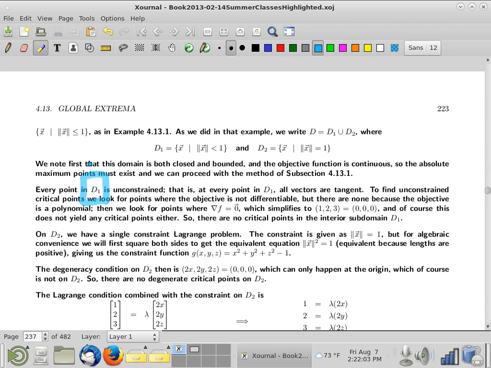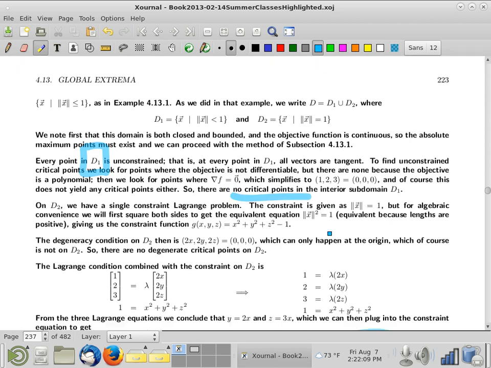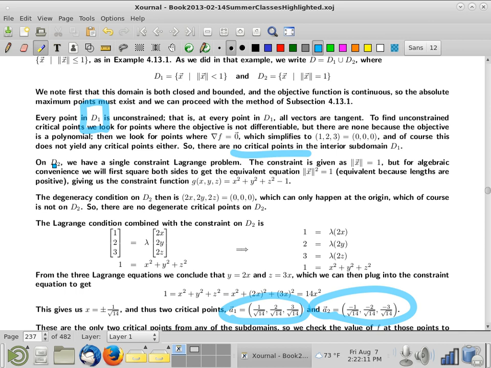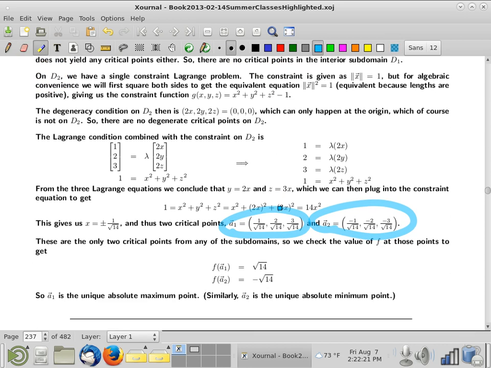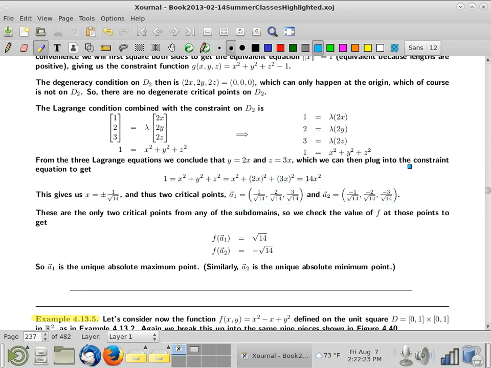In the interior, the first subdomain we looked at, there were no critical points. In the boundary, there were no degenerate points, there were no differentiability failures, and so all we have is these Lagrange critical points. Now, we know the absolute maximum has to exist.